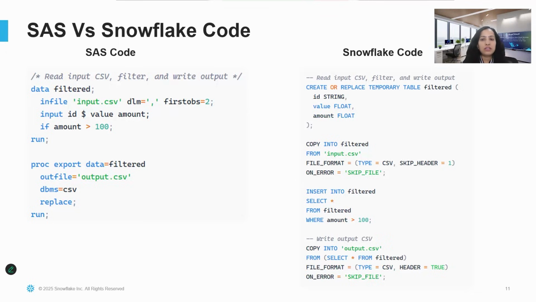But the right hand side, which is Snowflake compatible code, is extremely readable. If anyone knows SQL or is a pro in Snowflake, they can easily read this type of code and identify what this code is exactly doing.